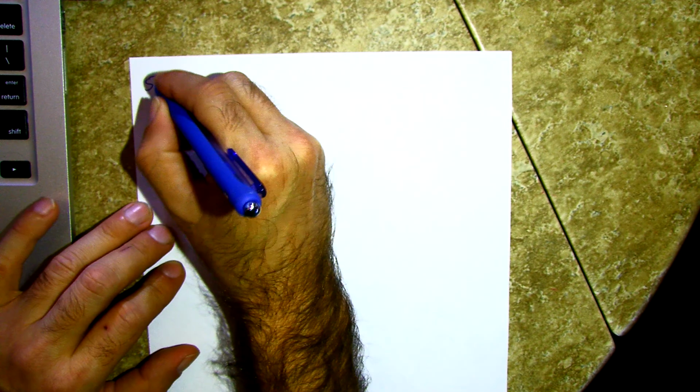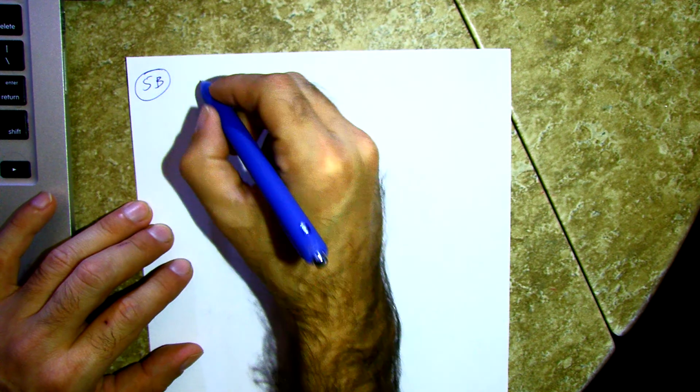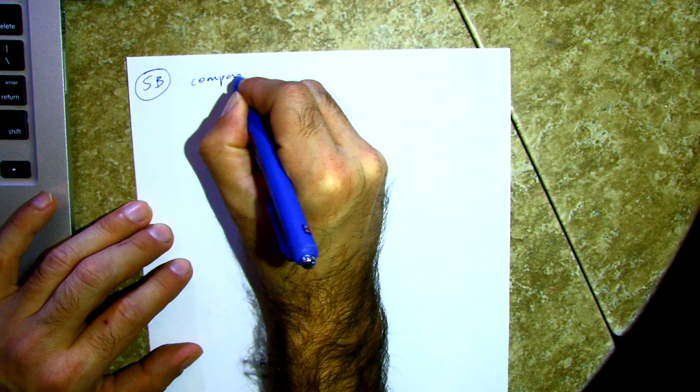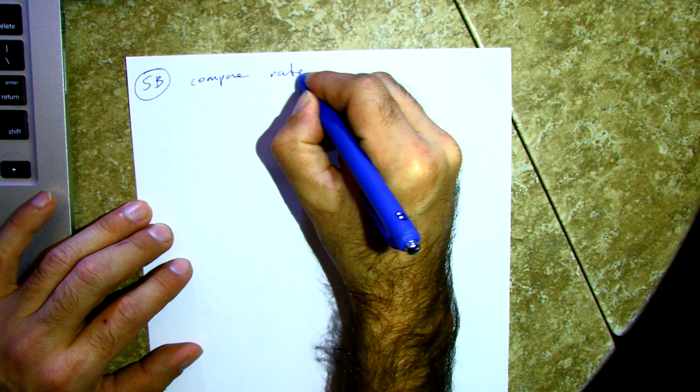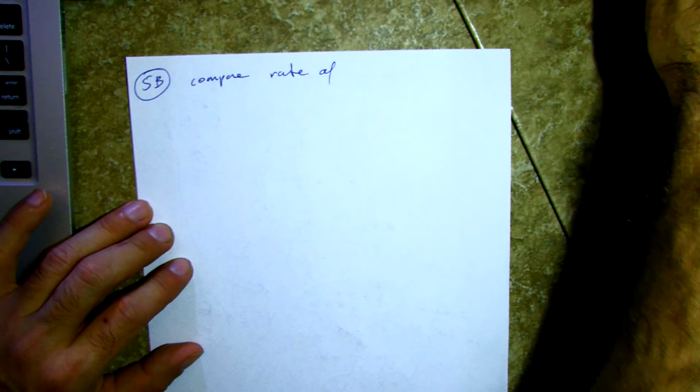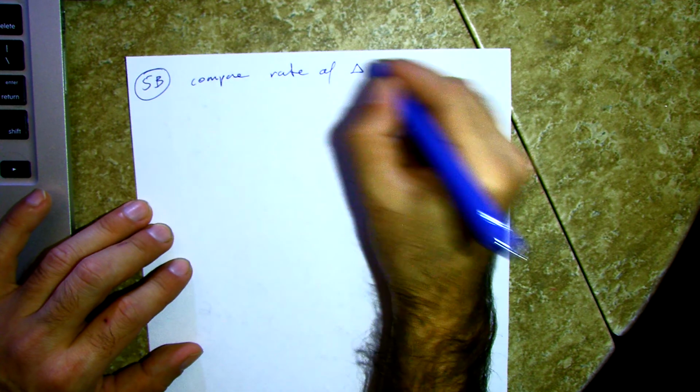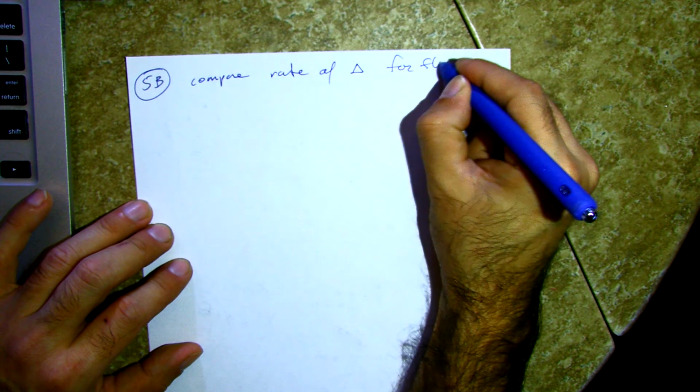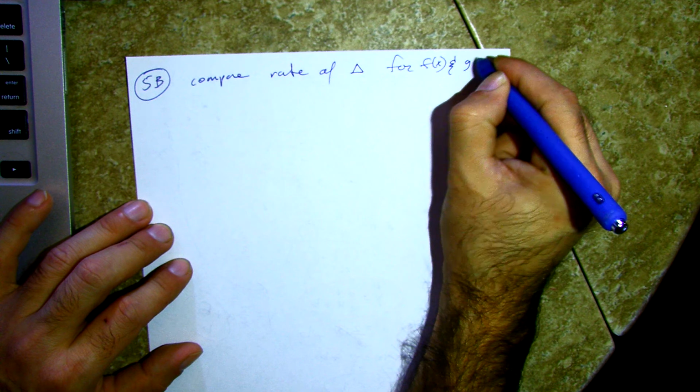Okay, so for 5b, the second 5 in our set, the last ones here, we are told to compare the rate of change for f of x and g of x.